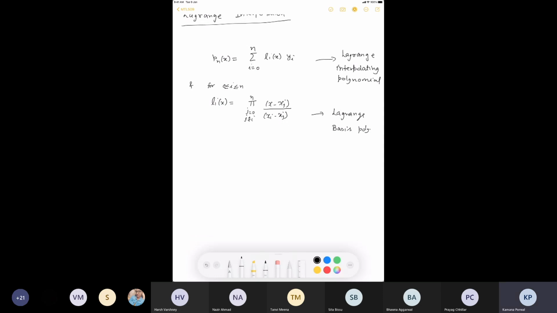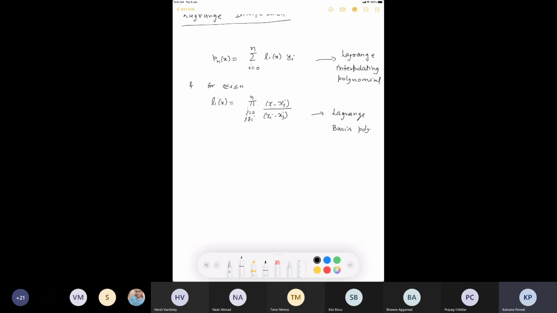Okay, and you can quickly observe that Li(x) has all the factors x minus x1, x minus x2 up to x minus xn, except the factor x minus xi, in the numerator.